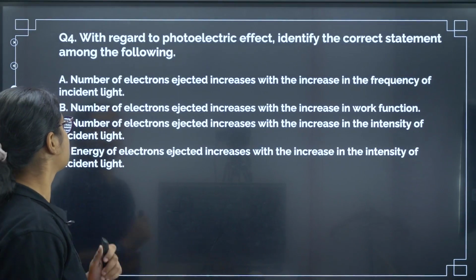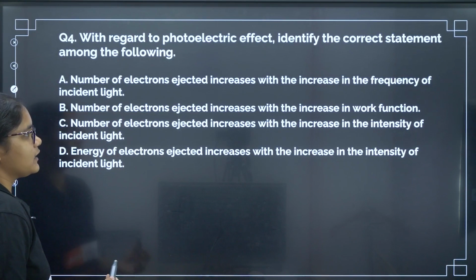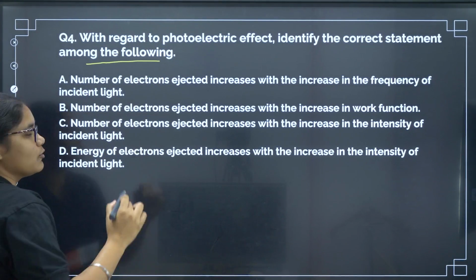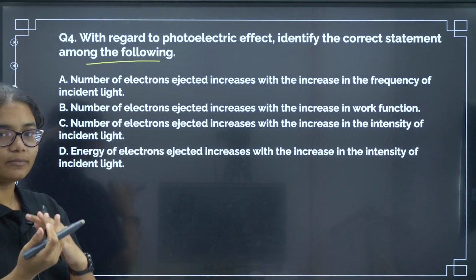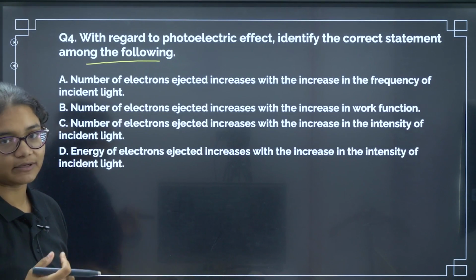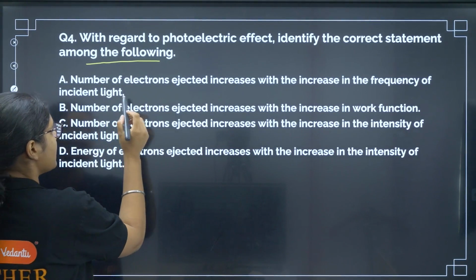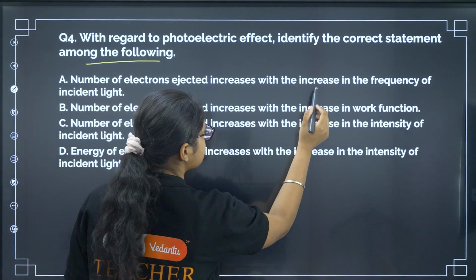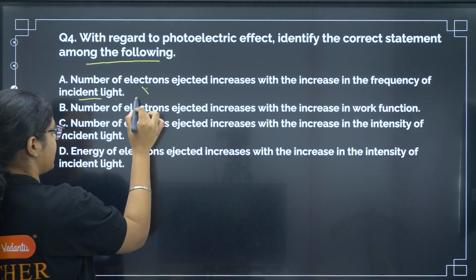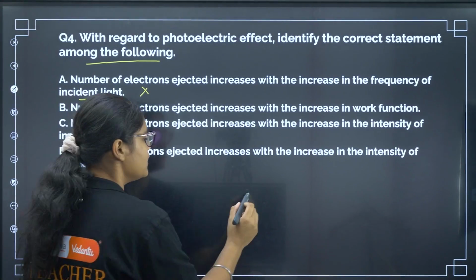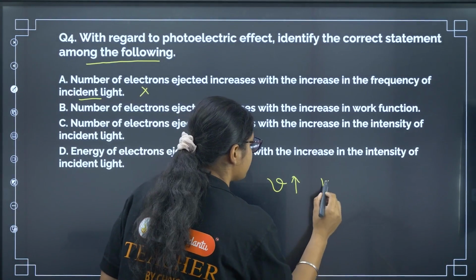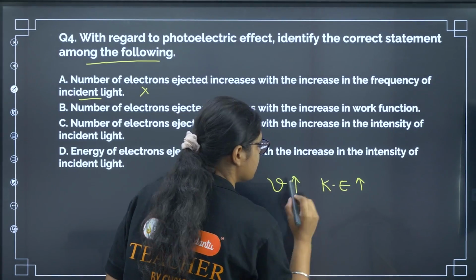Okay, next. With regard to photoelectric effect, identify the correct statement among the following. In photoelectric effect, apart from numericals, statement based questions are important. So just see here. Number of electrons ejected increases with the increase in the frequency of incident light. This statement is wrong. Please remember, if frequency increases, then kinetic energy of the electrons will increase.